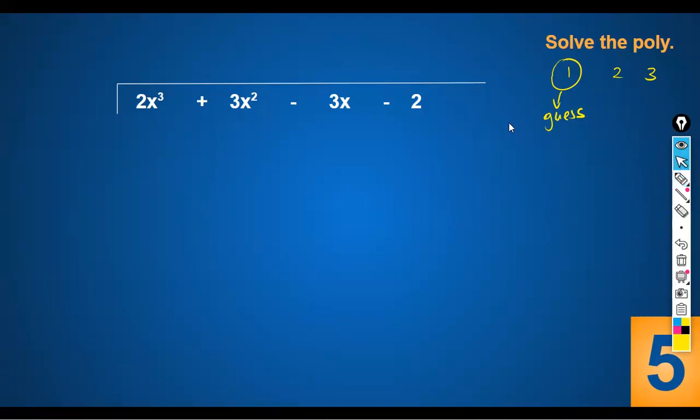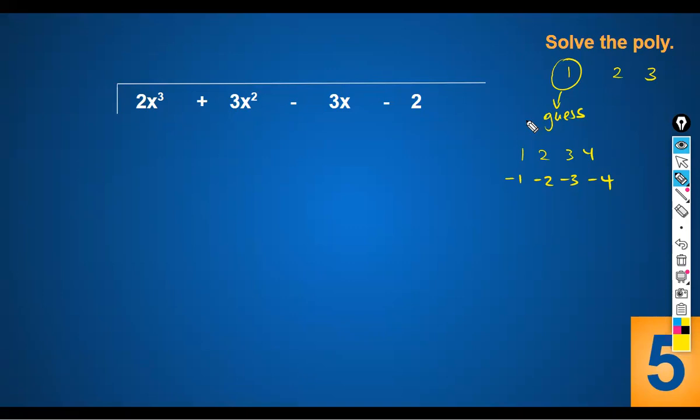But it's CXC. The guess could be either one of these numbers, 1, 2, 3, or 4, or -1, -2, -3, or -4. You will have to guess what to replace x with to get 0.